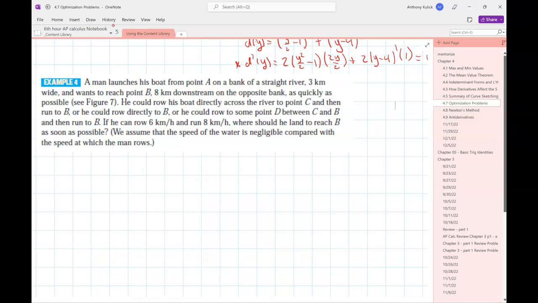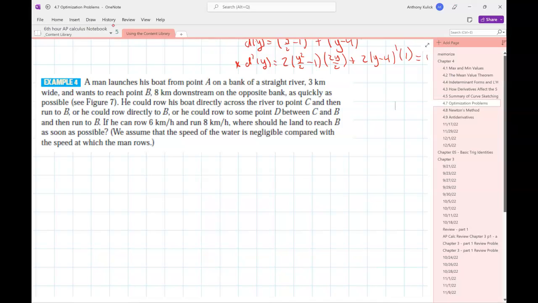He could row his boat directly across the river to point C and then run to B, or he could row directly to B, or he could row to some other point D between C and B and then run to B. If he can row 6 kilometers per hour and run 8 kilometers per hour, where should he land to reach B as soon as possible?